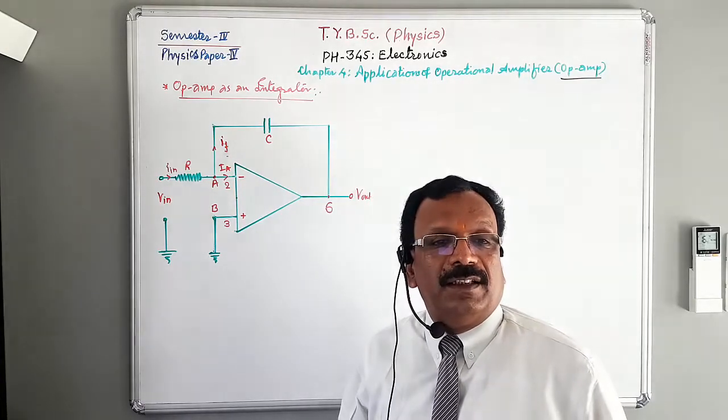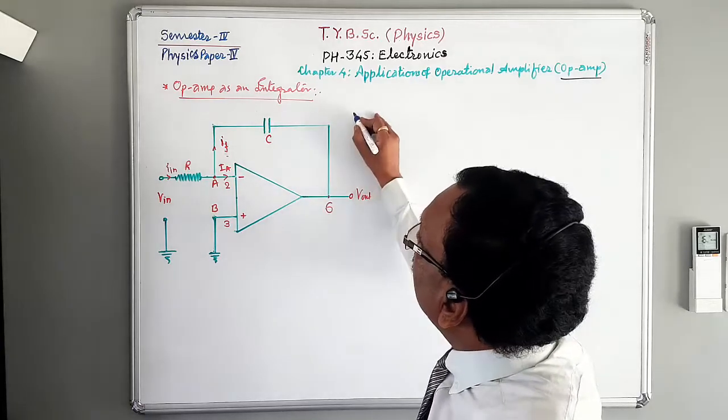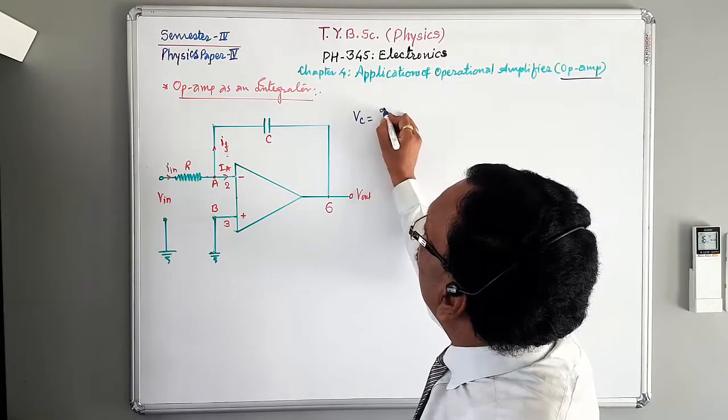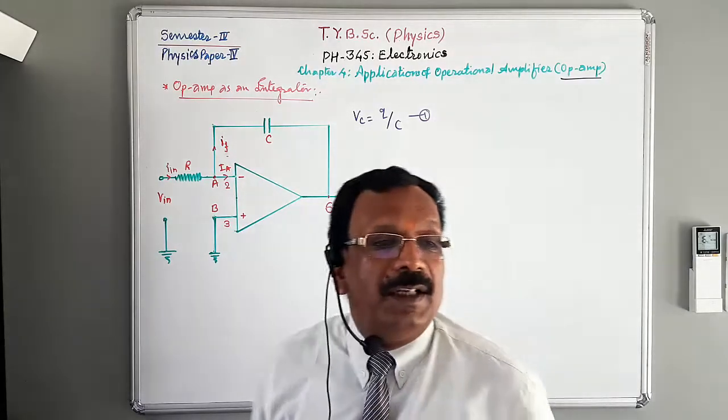We know that the voltage across this capacitor C is Vc equal to Q upon C. Suppose this is equation 1, where Q is the charge stored in this capacitor.